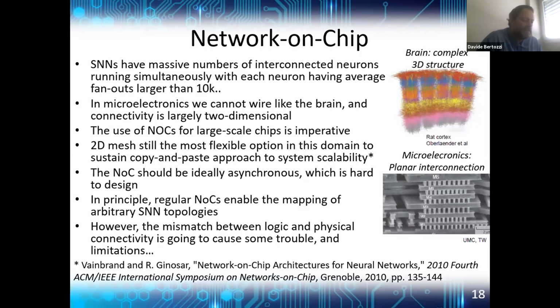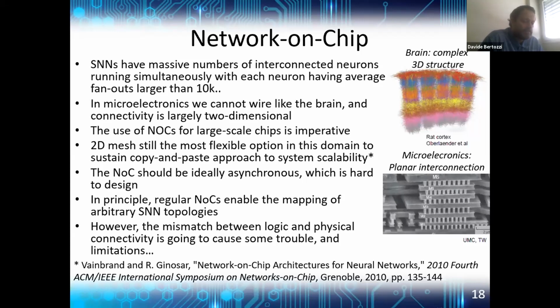Finally, we know that despite the use of networks on chip, connectivity still cannot rival the 3-dimensional connectivity found in the brain. By recent advances in system integration, we are moving a step forward in that direction, but we're still far away. Think about the fan-out that you have in the brain.